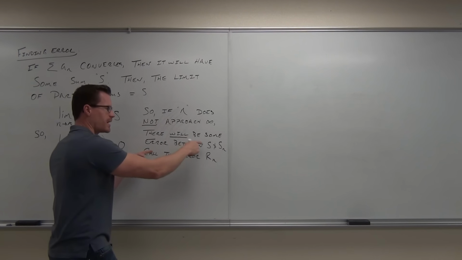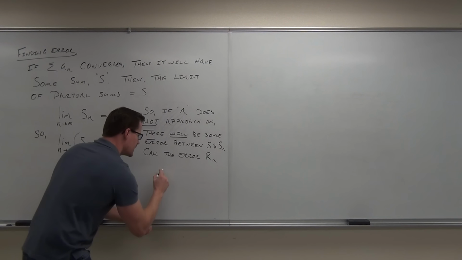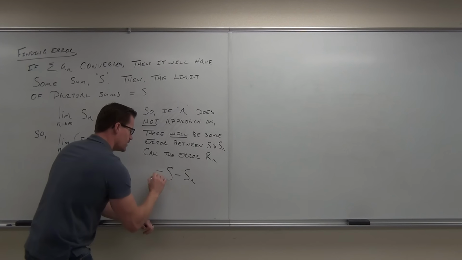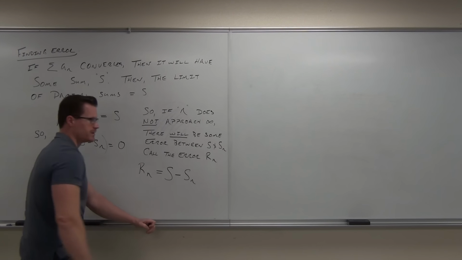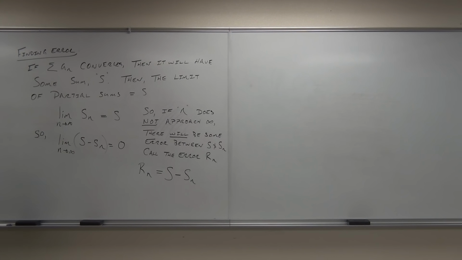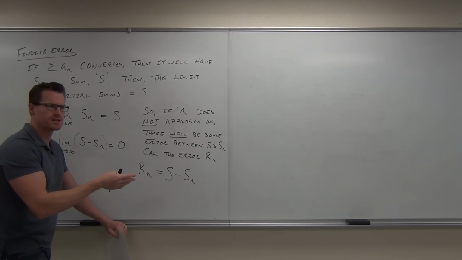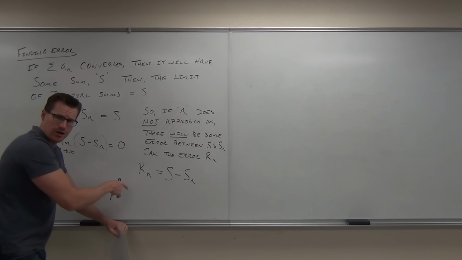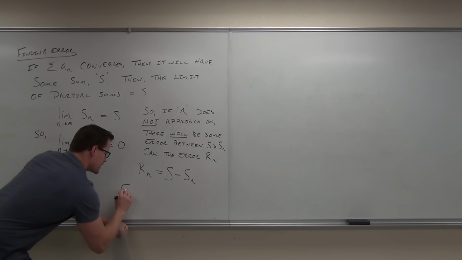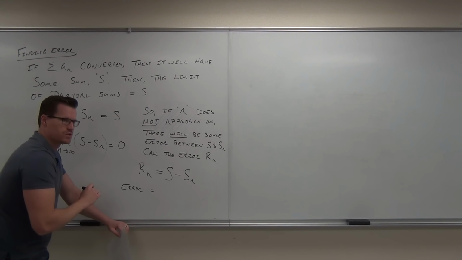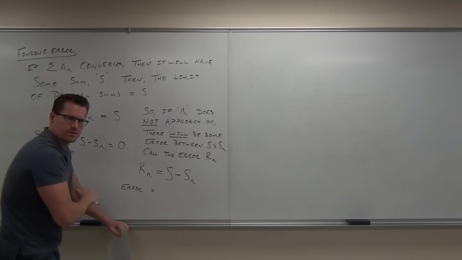So here's what we know. Since there will be some error between these, if I take S minus S sub n, this is what we're calling R sub n. Basically, it means this, and hopefully this makes sense. R sub n stands for your error. So this says that your error is equal to, what does S stand for?